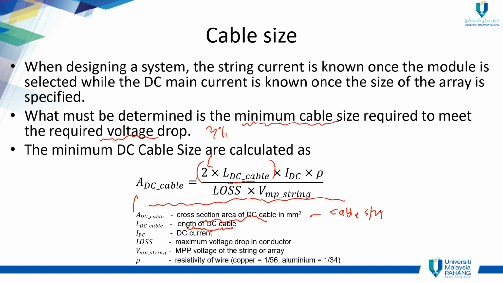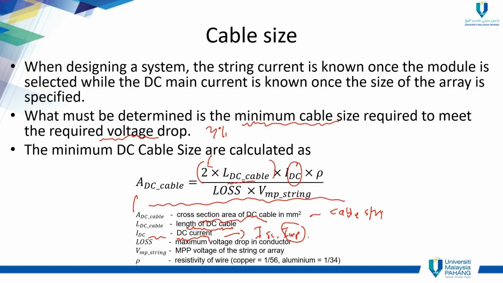Let me also introduce the other symbols. What is IDC? IDC is the DC current. If the question says maximum DC current, you just put that value. If it doesn't say anything, you may get confused whether to use ISC or IMP. Both can be used, but IMP is preferable in the case of IDC.